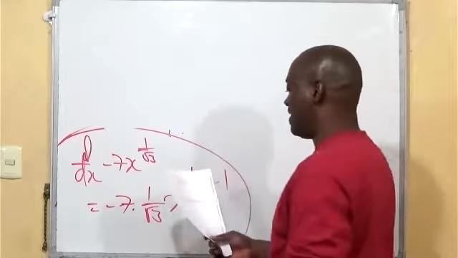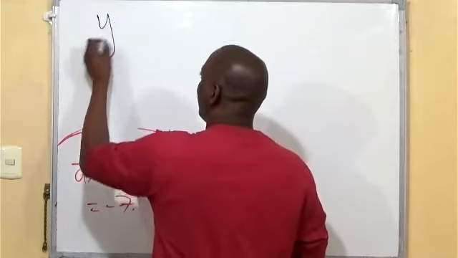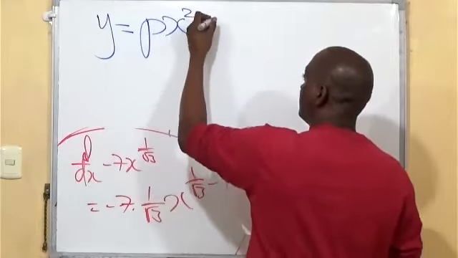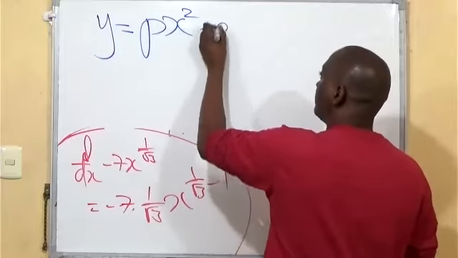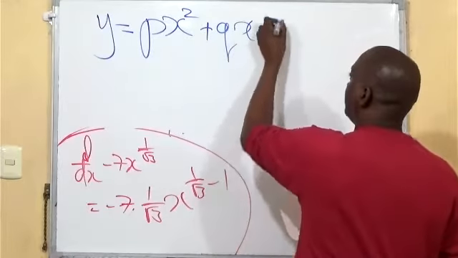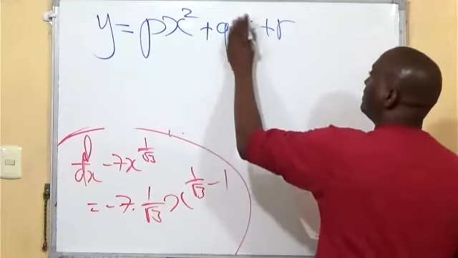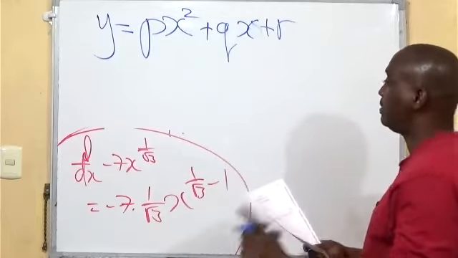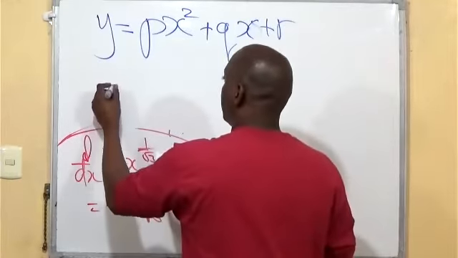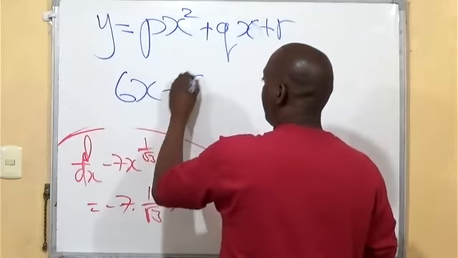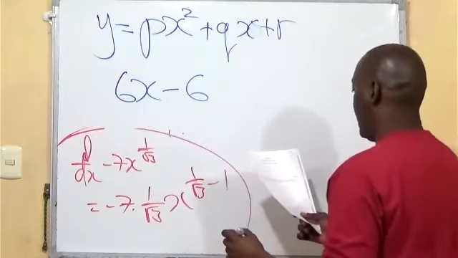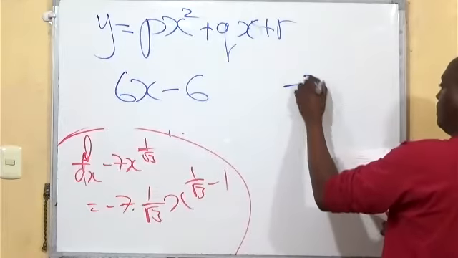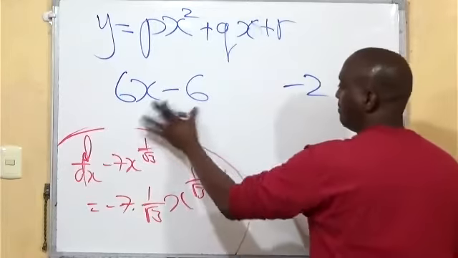A function given by y is equal to px squared plus qx plus r has a gradient. The gradient is 6x minus 6 at a stationary value of minus 2. I'm just putting down the values as I read them.